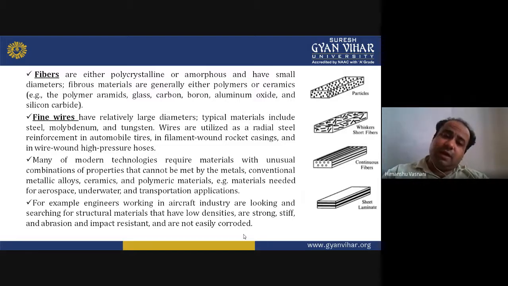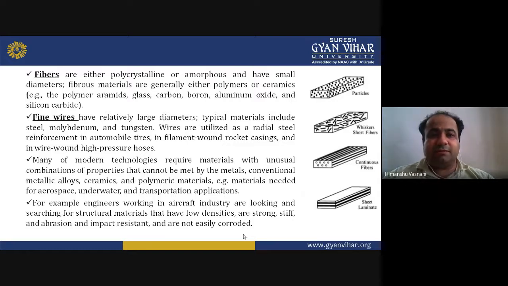Then there are fine wires that have relatively large diameters; typical materials include steel, molybdenum, and tungsten. These wires are utilized as radial steel reinforcement in automobile tires, in filament wound rocket casings, and in wire wound high pressure hoses.